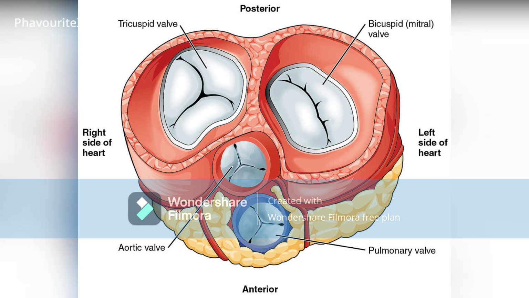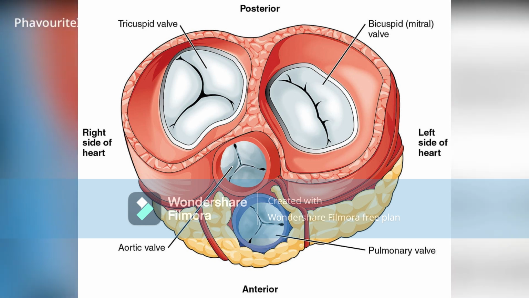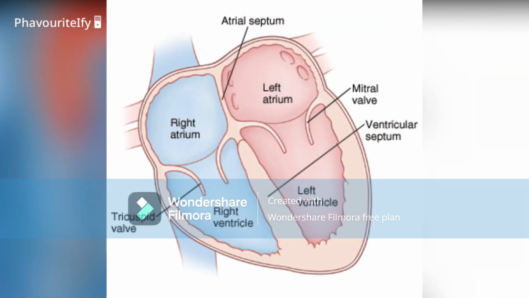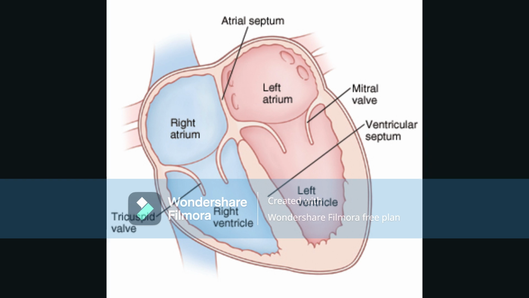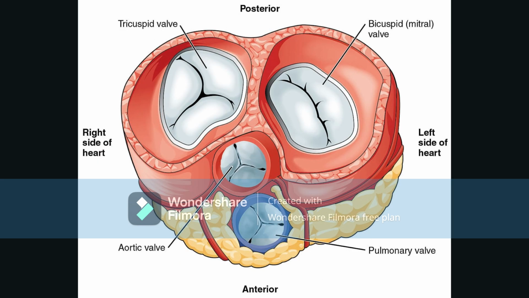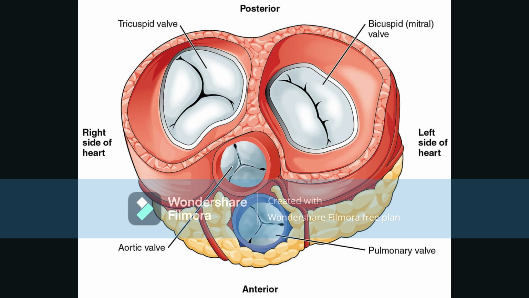It's called the bicuspid valve because it has 2 cusps, while the tricuspid has 3 cusps, the anterior, the posterior, and the septal, while the mitral has the anterior and posterior cusps.